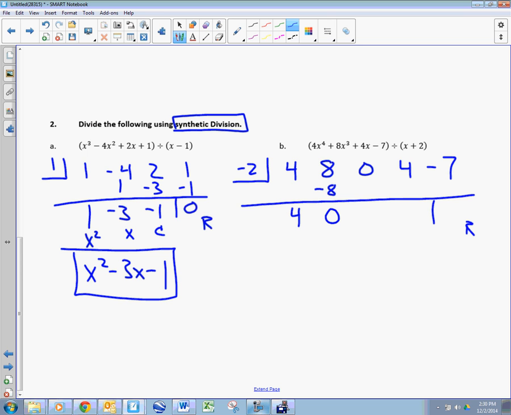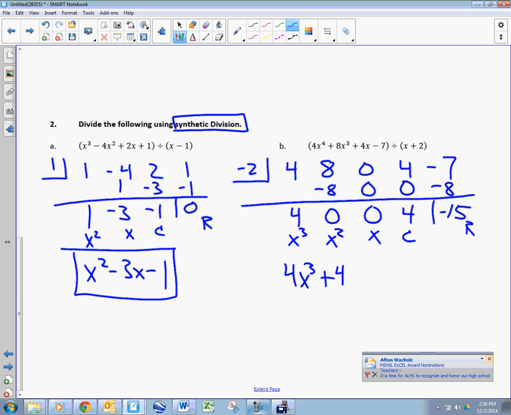Negative 2 times 0. Add. Multiply. Add. Multiply. Add. Constant, linear, quadratic, cubic. 4x to the third. Then what? Plus 4.